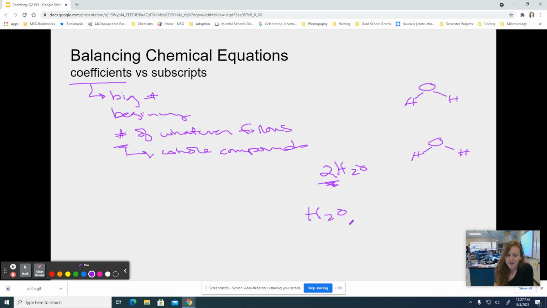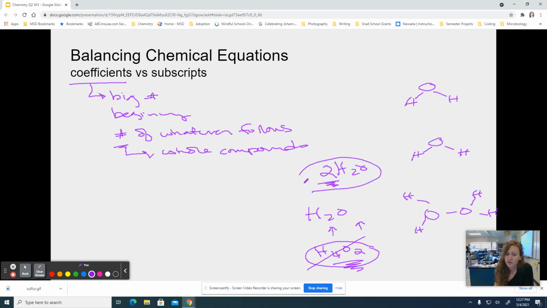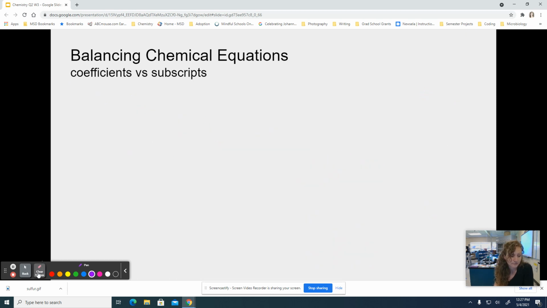If, in contrast, I started with H2O and I doubled these things, so I end up with H4O2, what I've just done is now I have 2 oxygens and 4 hydrogens all bonded together. So subscripts indicate bonding. You don't want to change the subscripts when you're trying to double the entire molecule. We're going to use a coefficient for that.